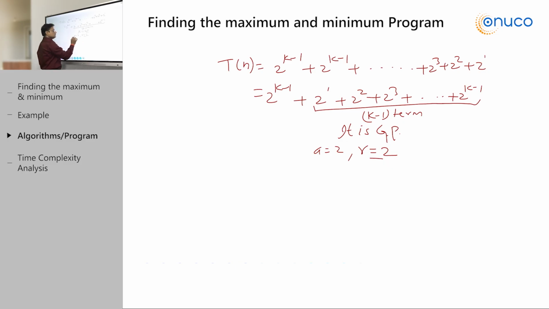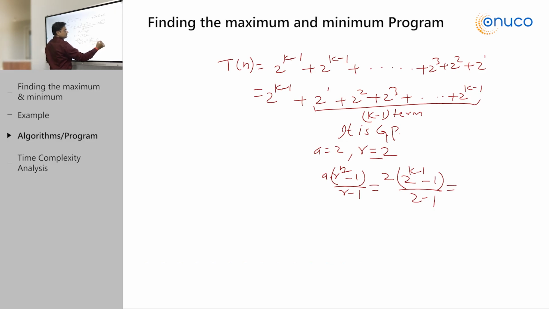This is the common ratio, and this is the first term. In that case, the sum of n terms formula is A into R to the power n minus 1, divided by R minus 1. In this case, A is 2, R is 2, and the number of elements is k minus 1, so 2 power k minus 1 minus 1, divided by 2 minus 1.